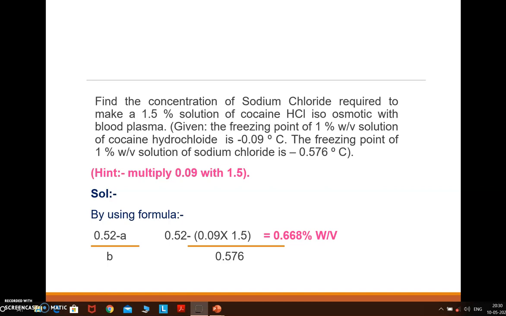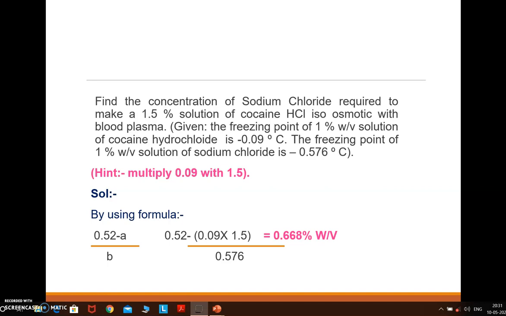Now you have been given the freezing point of 1% weight by volume solution of cocaine hydrochloride, that is minus 0.09 degrees Celsius, whereas freezing point of 1% weight by volume solution of sodium chloride is minus 0.576 degrees Celsius.